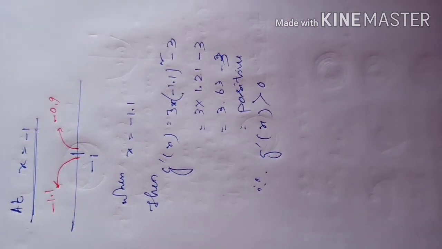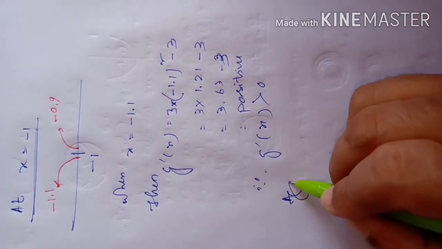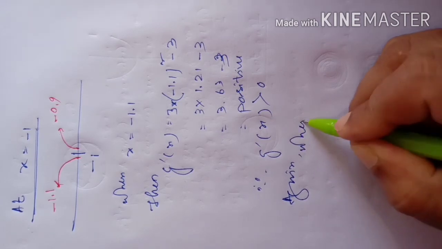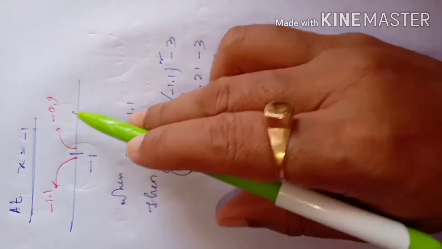And what happens after minus 1? Again, very close to minus 1, we are taking another point, minus 0.9.